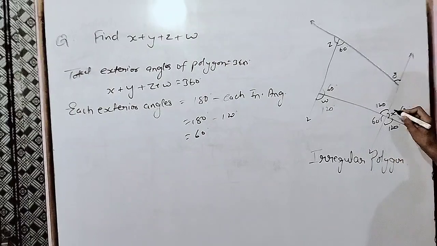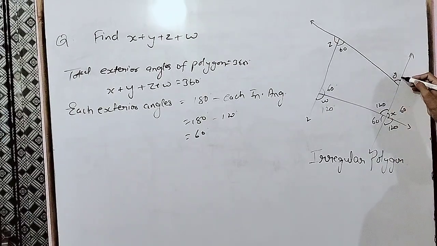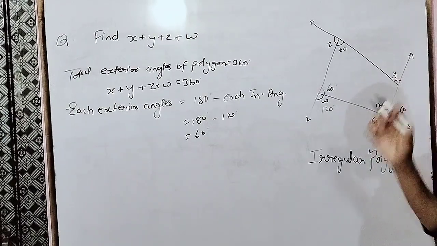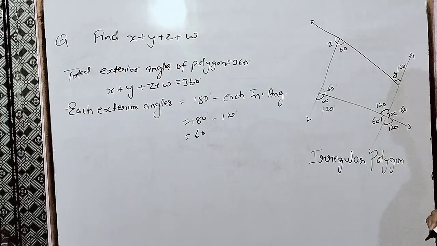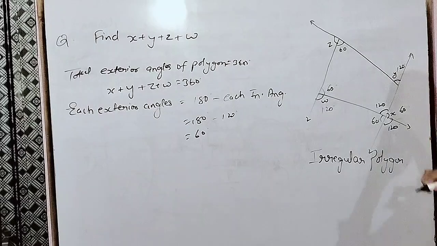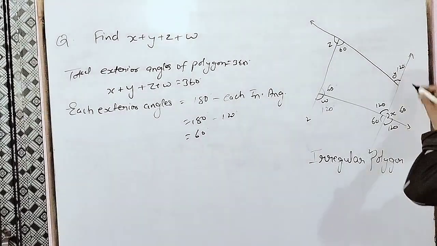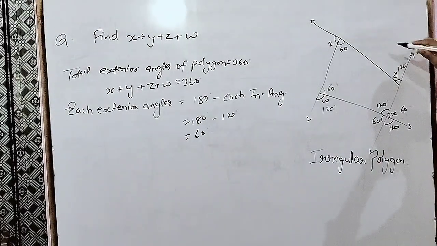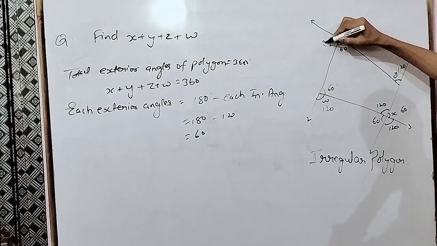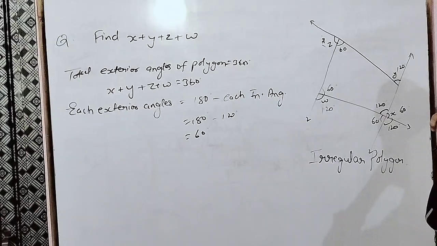If this is 120, here we have alternate interior angles, so this would be 120. And now this is 120. Suppose this would be 120.